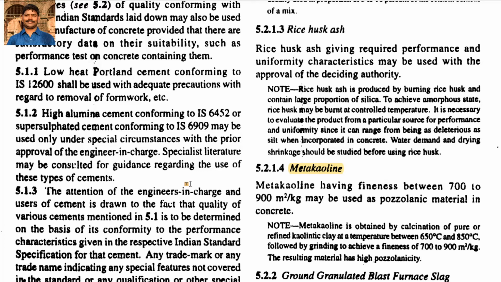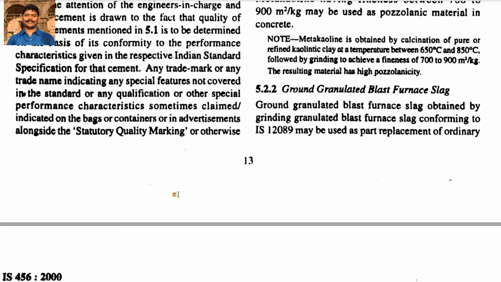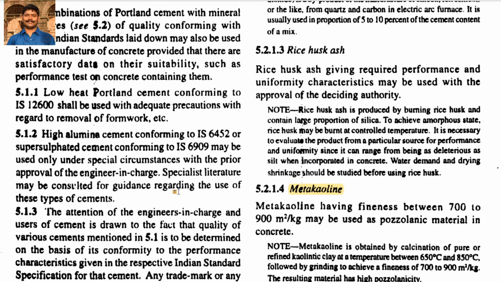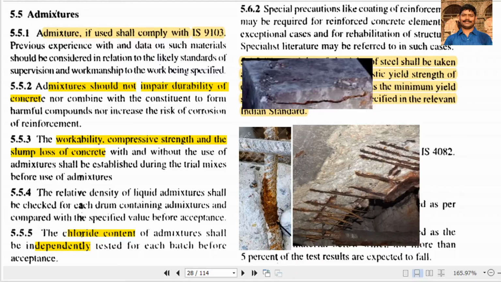So these are the things there are in the cement. Cement can be of different grades, 43, 33, and there we can use admixture. Now to note, the IS code also has some recommendations on admixtures. It says that if you add an admixture, it should not affect the durability of the concrete and should not combine with the constituent materials to form some harmful compound.